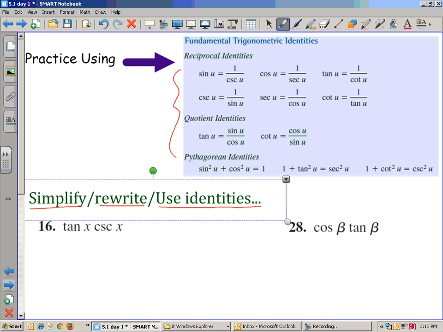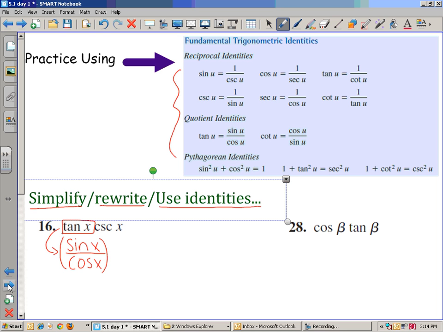So for me, the way that I break it down in my head is I remember that the sine and cosine are the parent functions for everything, right? And what's the mother function? Sine. So everything is going to involve sines and cosines because that's what they all boil down to. So I'm going to take tangent, and I'm going to remember that tangent was equal to sine x over cosine x. So all I'm doing is rewriting tangent.